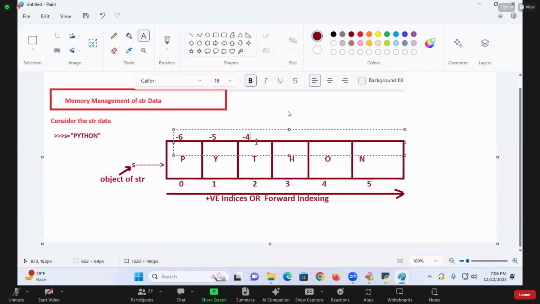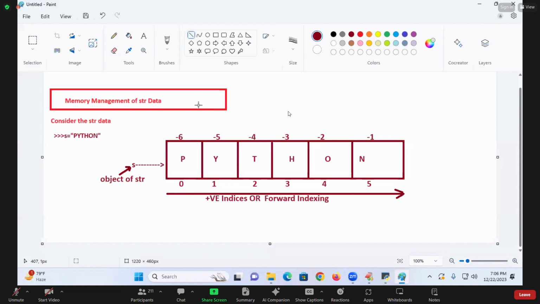Yes. So in this identification only, students will get a problem. Next is called what? Minus 3, minus 2, and minus 1. This is called which indexing? Negative indexing. Right, so you are applying your intelligence.